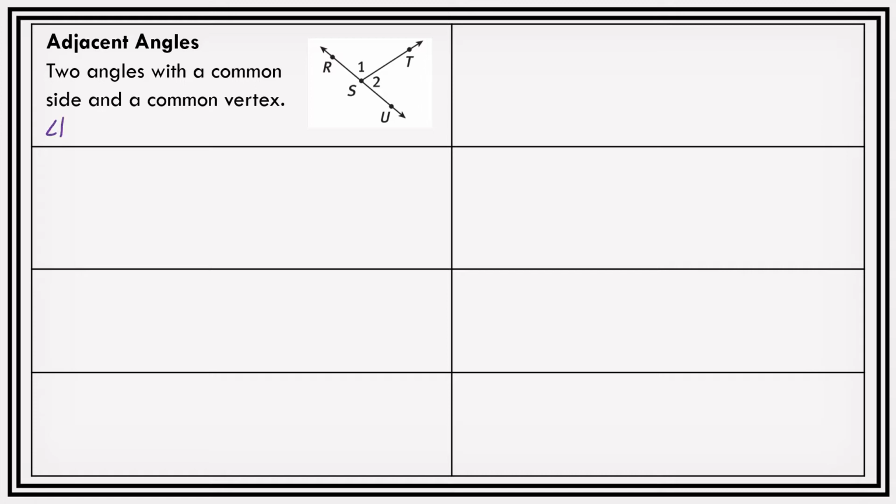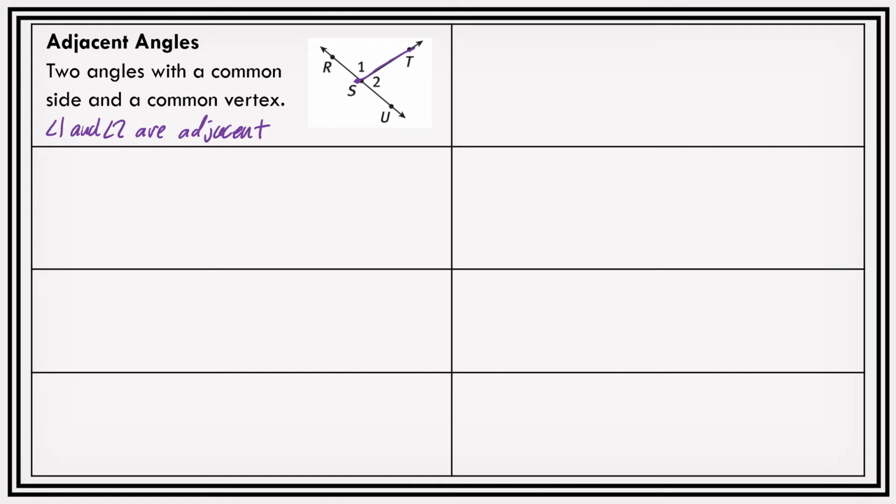Angle 1 and angle 2 are adjacent, because remember, we can label angles with numbers, right? So 1 and 2 are adjacent because they share a common side, which would be this side right here, and a common vertex, which is point S. Okay?